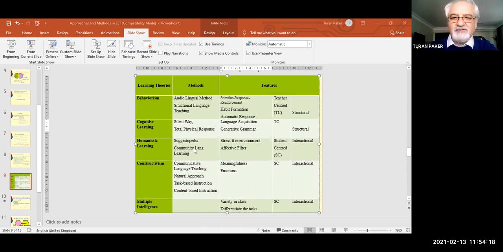For example, Suggestopedia encourages us to use music in the classroom. I don't know whether you use it or not, but I use it a lot, especially in writing courses, when students write a paragraph or an essay in the classroom. I just play instrumental or classical music, so students are usually silent and just listen to music at the same time.